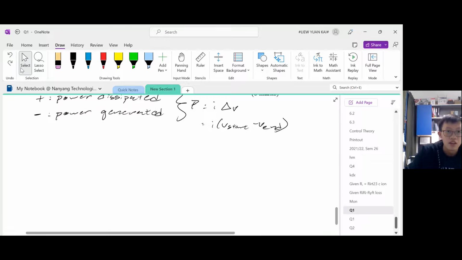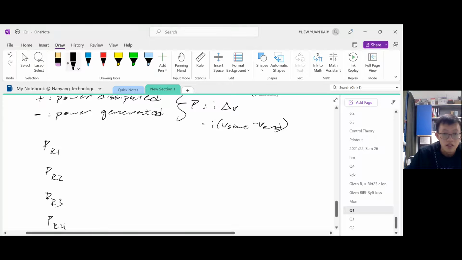So let us find all the powers of the resistors: resistor 1, 2, 3, 4. After that, we have the voltage sources and the current source.